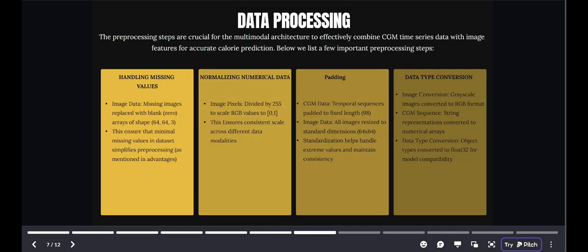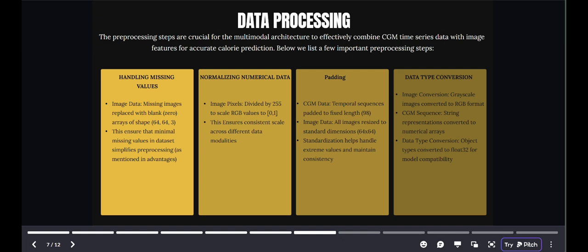Now let's talk about data processing. The pre-processing steps were really crucial for our multimodal architecture to effectively combine CGM time series data with image features for accurate calorie prediction. Let's talk first about how we handled missing values. For missing values, we replaced absent images with zero arrays and ensured that CGM sequences are properly formatted.